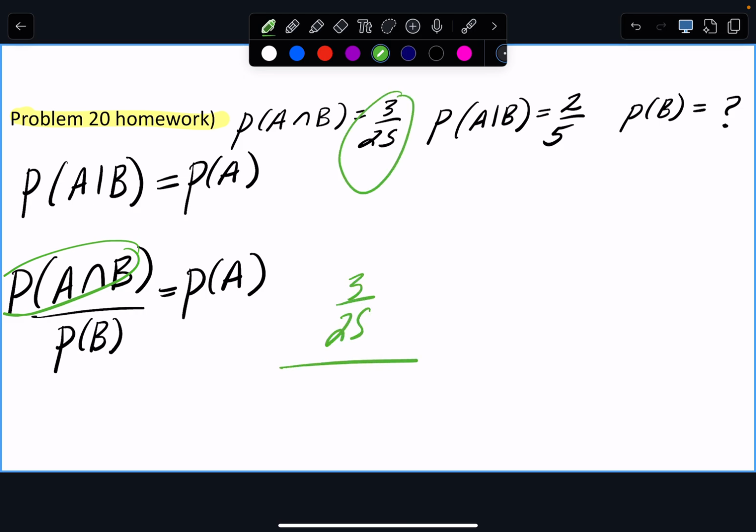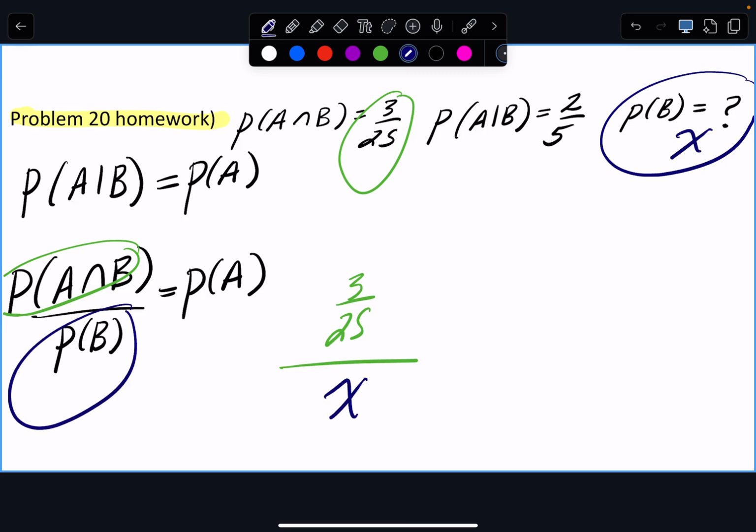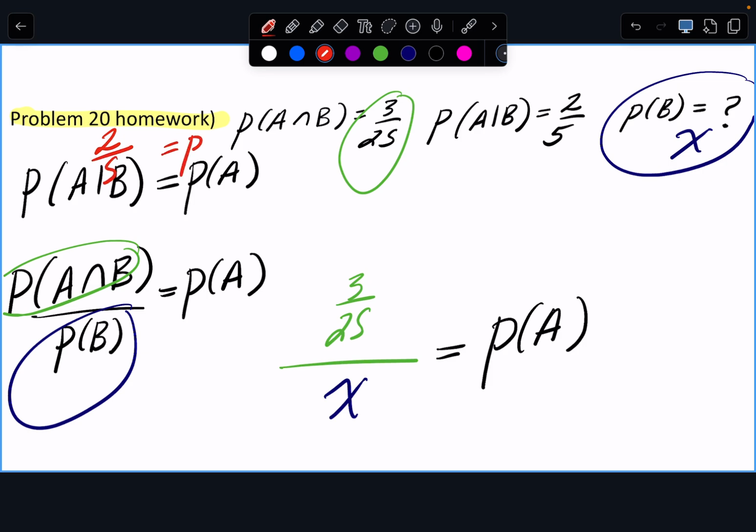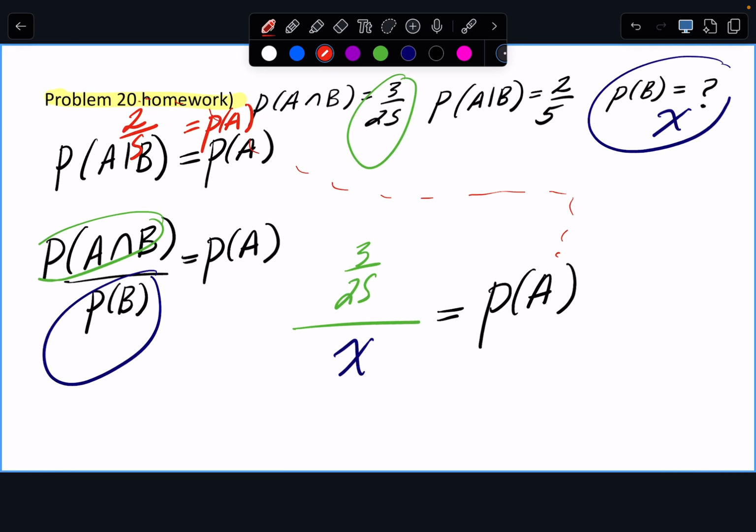I did it wrong. Why didn't you switch them to X? Yes? We have an X on the bottom. It's just algebra. You just multiply this. No, you divide this. So it's 2/5. Because this is being divided with the opposite of division.